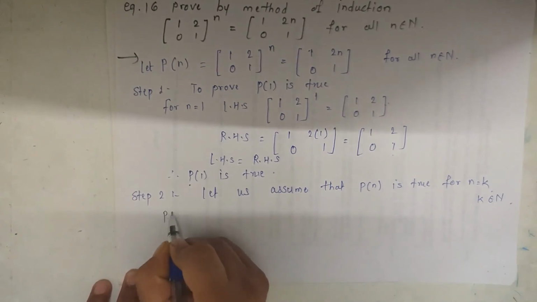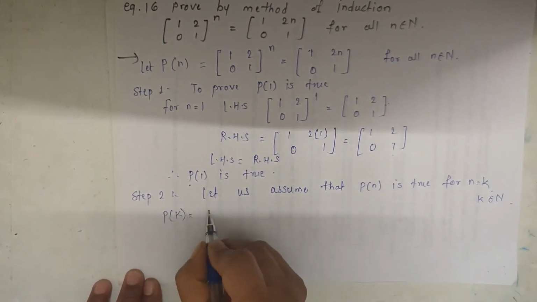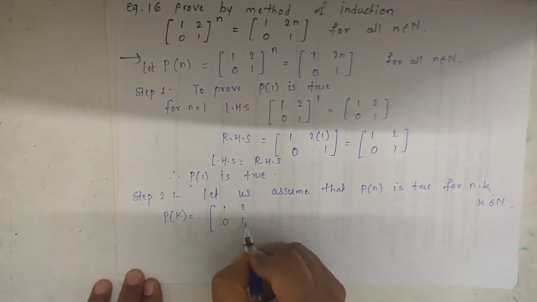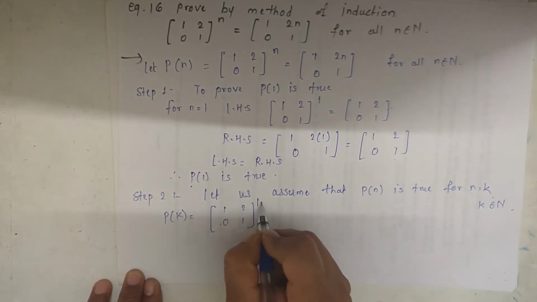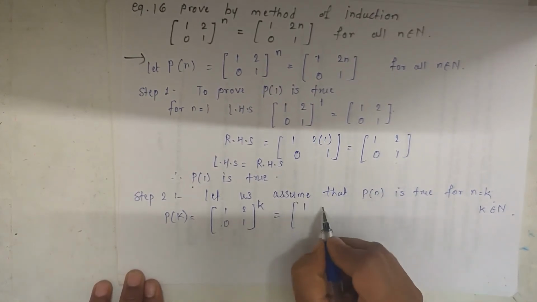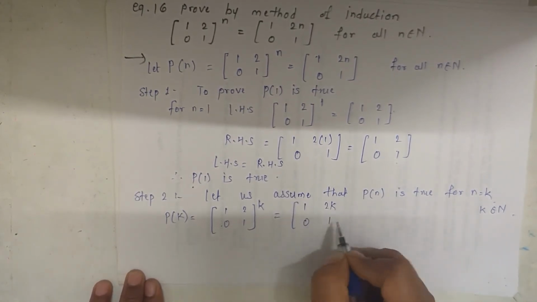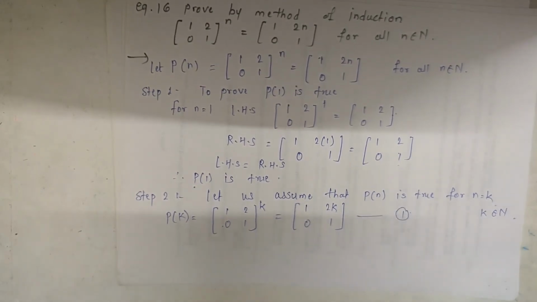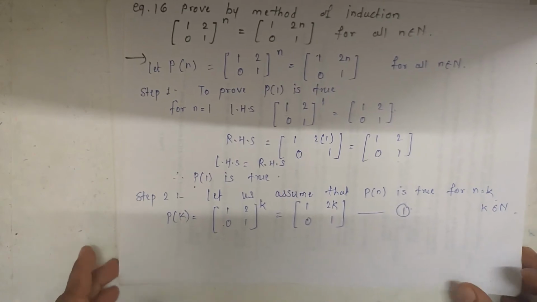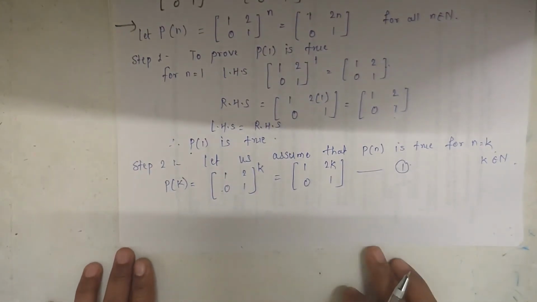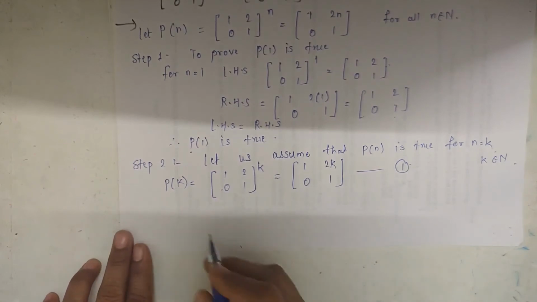So we get the statement P of k: the matrix of elements 1, 2, 0, 1 raised to k is equal to the matrix of elements 1, 2k, 0, 1. And this is the first statement, first equation. Now using this equation, we can prove that P of k plus 1 is true.